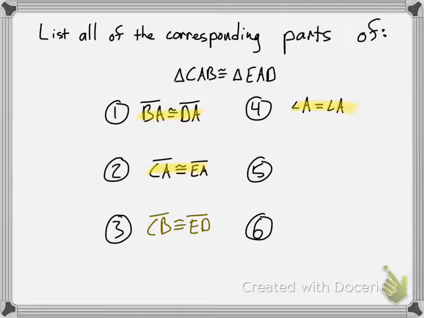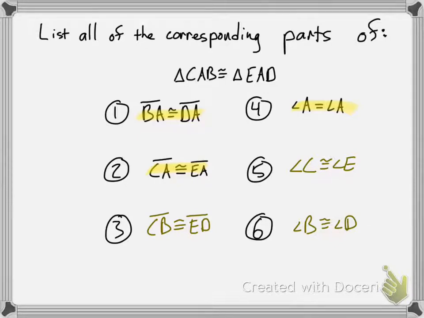So that's one of the sides that we're missing. And from our congruent statement, we can also say that angle C is congruent to angle E, and angle B is congruent to angle D.